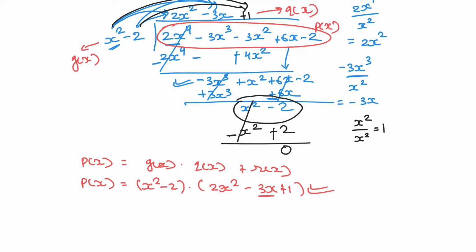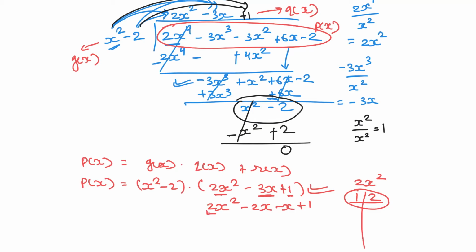For that we find the product of the first term and the third term, that is 2x square. Now find the factors of 2, that is 1 and 2, only one pair is possible. Now we split the middle term, keeping the first term and the third term as they are. For minus 3x, we use this pair 1 and 2: minus 2x minus x is minus 3x.